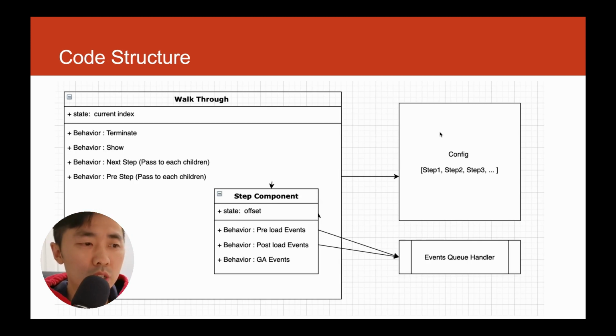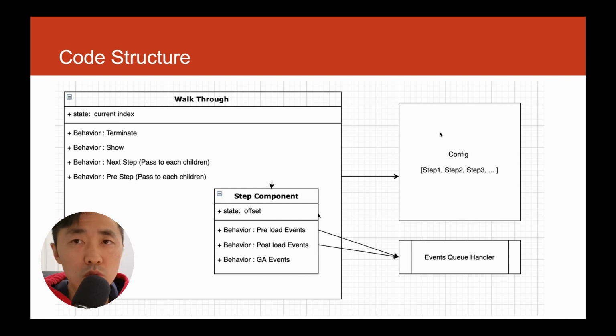And the code structure, how I build it, is to have walkthrough.js as the highest component, which will have only one simple major state, which is the current step index. Also some behaviors.